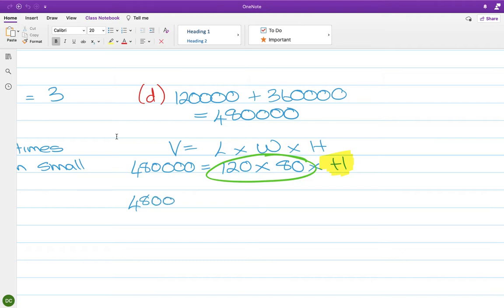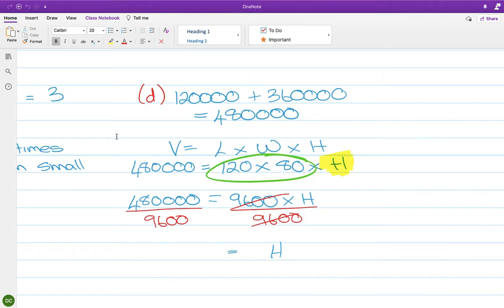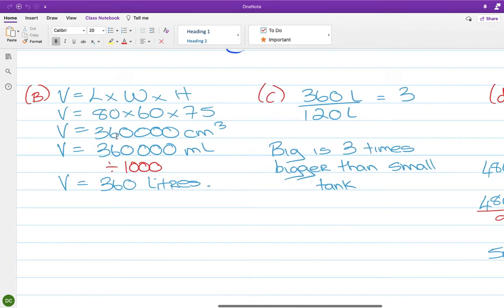So 480,000 equals 9,600 by h. So the 9,600 has been multiplied by h, so to get rid of it, I will divide by the 9,600, but if I do that on the right, I have to do that on the left. And that gives me a height of 50 centimeters.